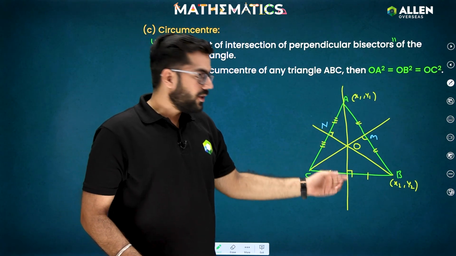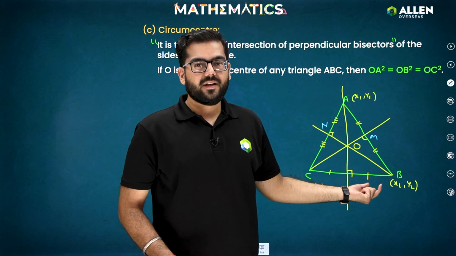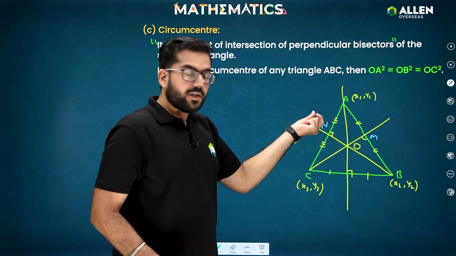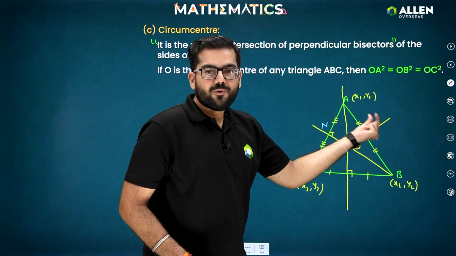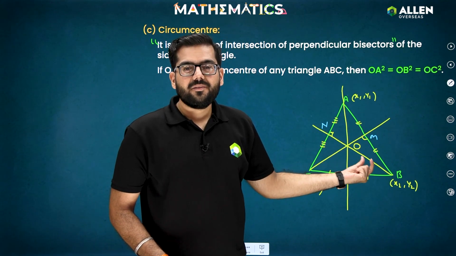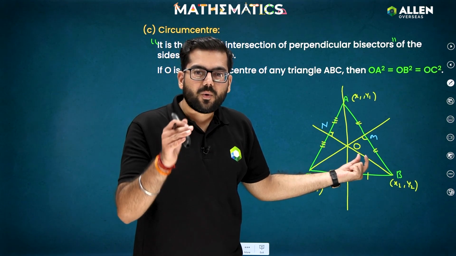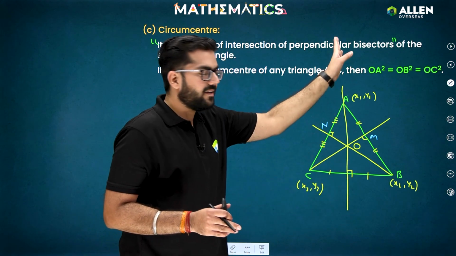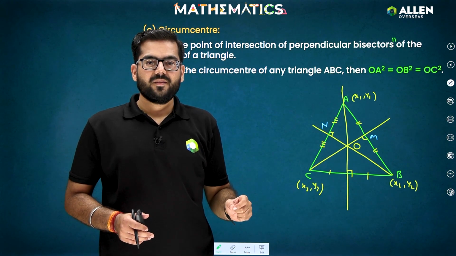Once you have the slope and the point, you can design the equation of the line. Once you have the equation of BN and the equation of CM, solve these two equations and find the values of x and y. You have the coordinates of O. There is no need to design the equation of the third bisector. Quite an easy task.